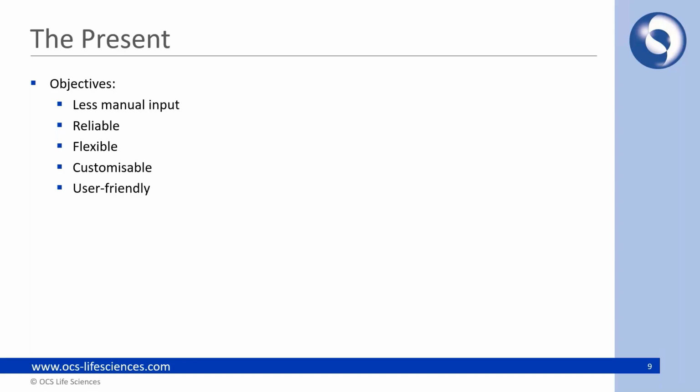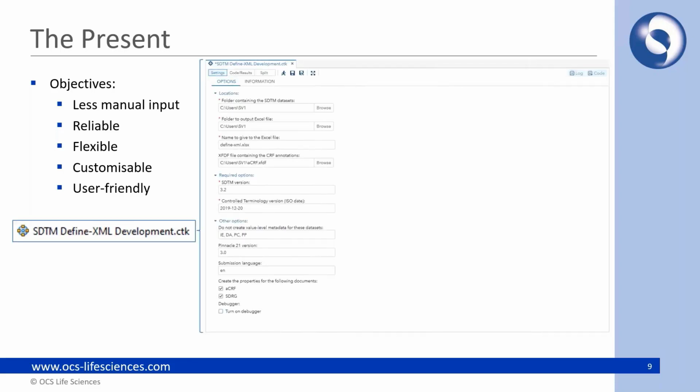So after some trials, what we got to was this, and this is a custom task in SAS Studio, where you can see it has some options. The ones that are required by the user are the ones with the red asterisk, and that's the input data sets, where do you want the output to go, what are the versions of the standards that we are using.